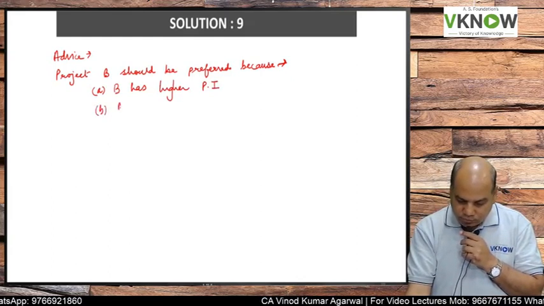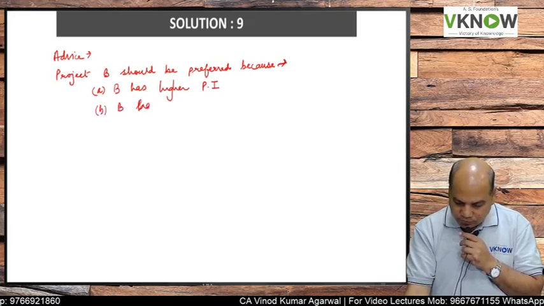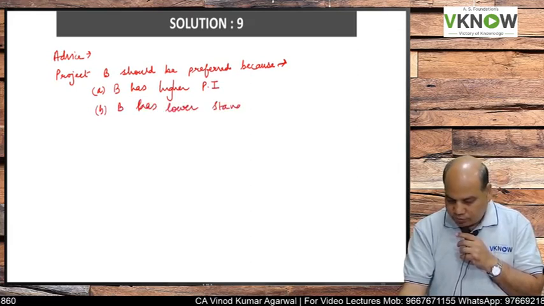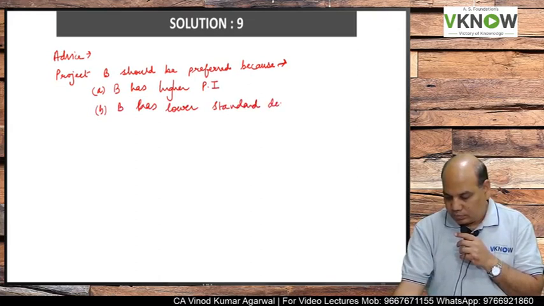Then write down B has lower standard deviation.